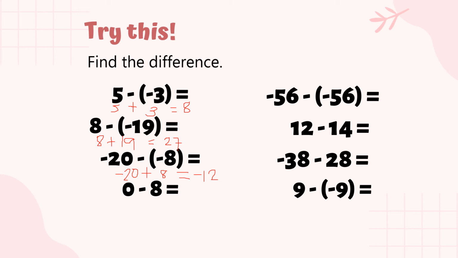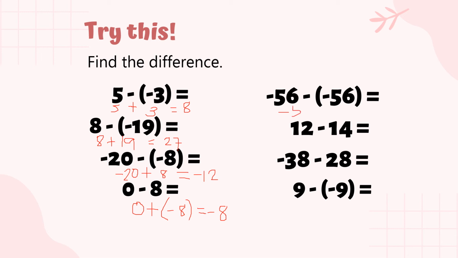Next, 0 minus 8. So, it will become 0 plus negative 8. So, any number added to 0 is the number itself. So, kung ano yung inadd mo, dinagdag mo sa 0, ang result is yung number na yun. Okay, another one. So, negative 56 minus negative 56.